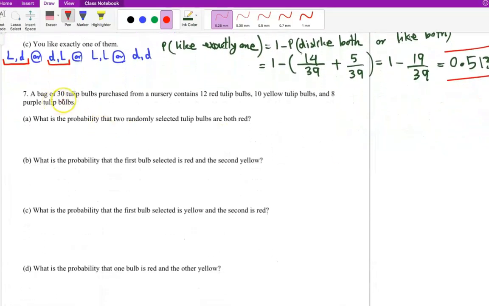Now number 7. A bag of 30 bulbs purchased from a nursery contains 12 red, 10 yellow, 8 purple.